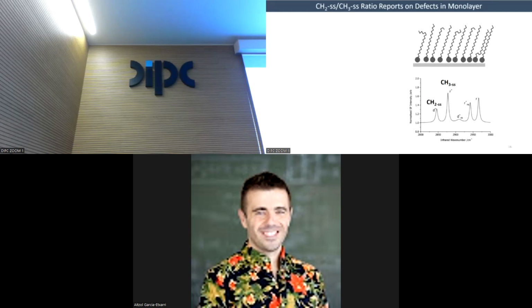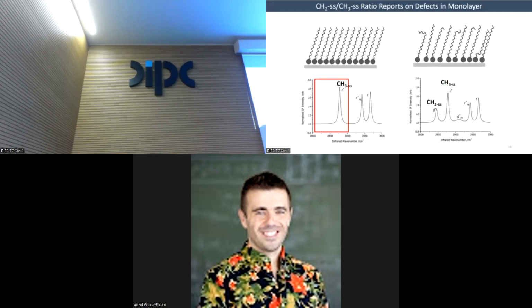So they will show up in the spectrum, and the terminal CH3 groups are anyway pointing towards air, so they also show up in the spectrum. But now if you have a very well-ordered monolayer, the CH2 groups in the middle are sitting in a medium with net inversion symmetry, so they all cancel each other. You only detect the terminal CH3. So by using these two peaks, if they're present or absent, or using the ratio between them, we can quantify the extent of order or disorder in the monolayer. So this is what we did.